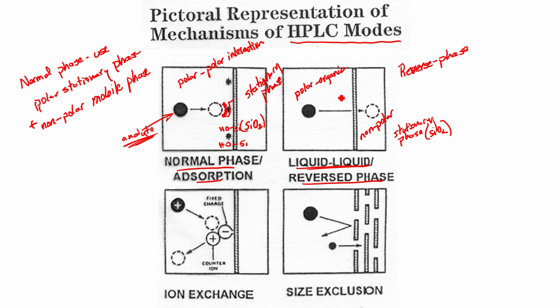All right. And as you increase the nonpolar content of that mobile phase, you're going to increase the strength of the solvent. So in reverse phase, the stationary phase is nonpolar, where the mobile phase is a polar organic.